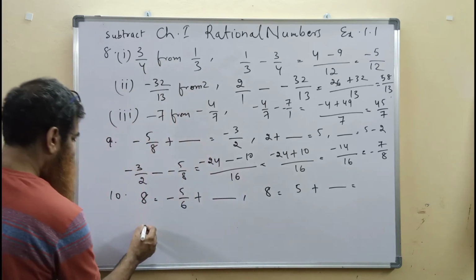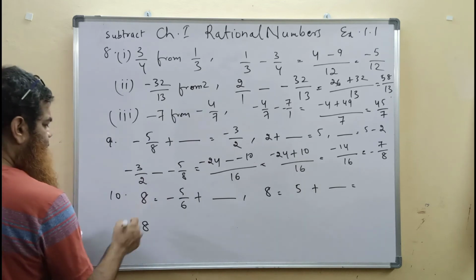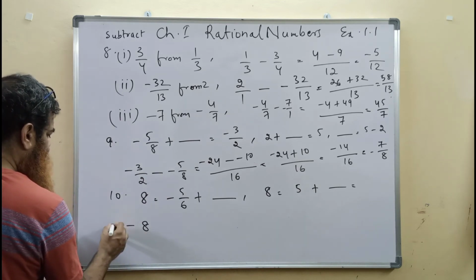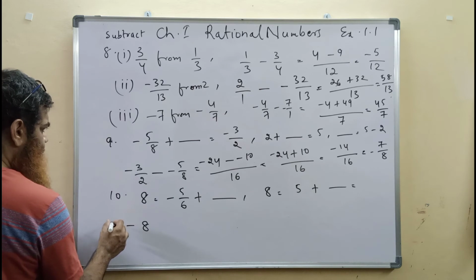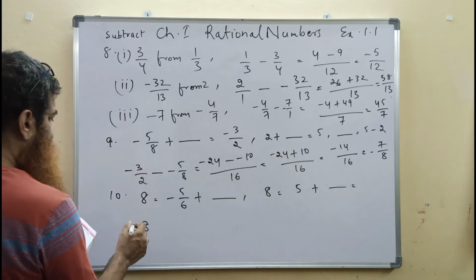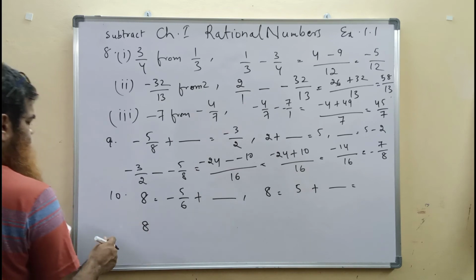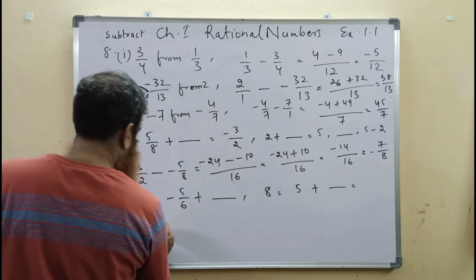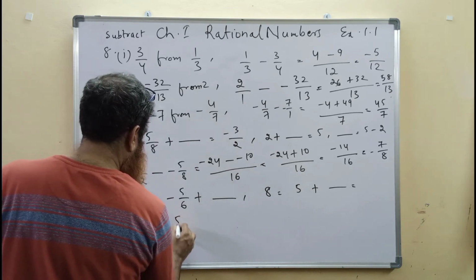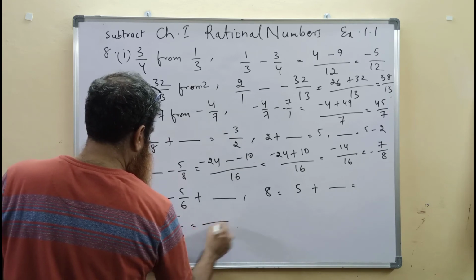So here, 8 minus minus 5 by 6 is equal to dash.